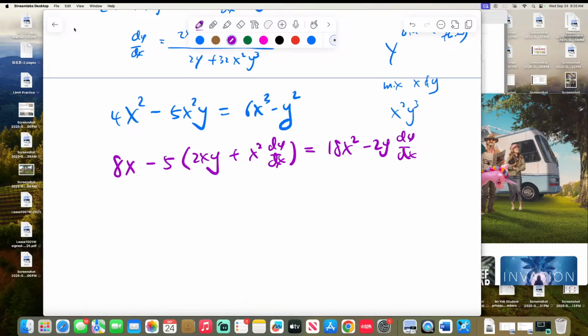The y is gone because you take a derivative of y with respect to x. Where did the 2x come from? Because it's a product rule. So I take the derivative of x squared first. I get 2x times y. And then I'm going to leave the x squared alone and just take the derivative of y, so it'd be dy dx. Is this okay?